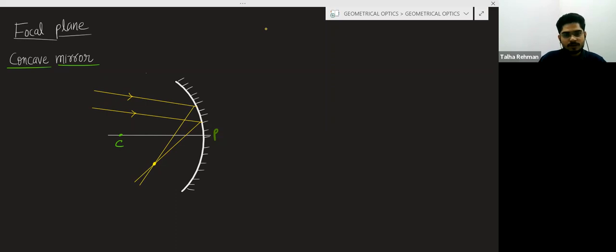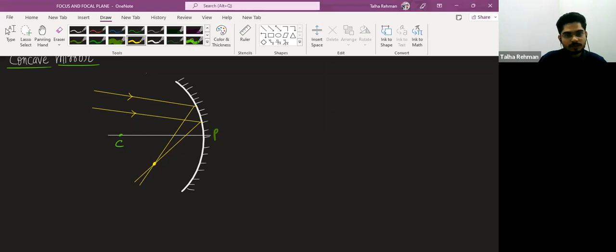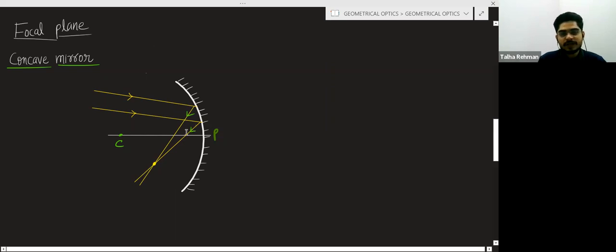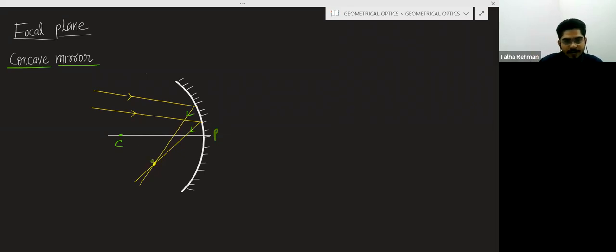Reflection is taking place, and after reflection these rays are meeting at this point. This point will always be on the focal plane.